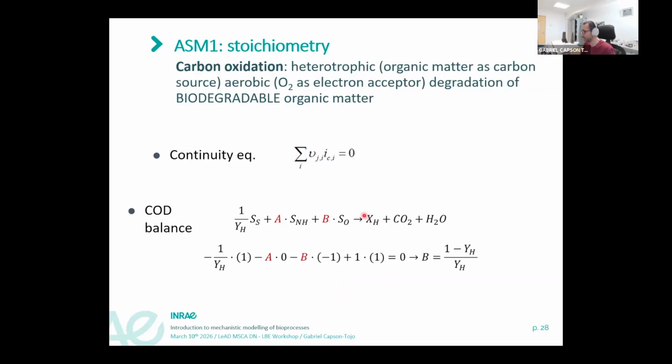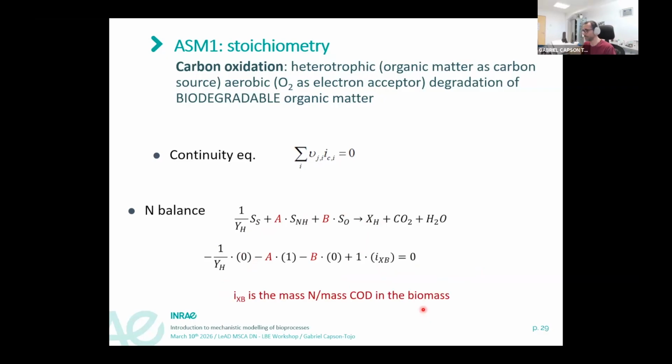And because we know that +1 is the stoichiometric coefficient that we have here, we multiply all the stoichiometric coefficients by the COD contents of each of these terms, and everything needs to add up to 0. If we do that, we get the stoichiometric coefficient B. Doing this kind of thing is how we are going to define the stoichiometry of our models.